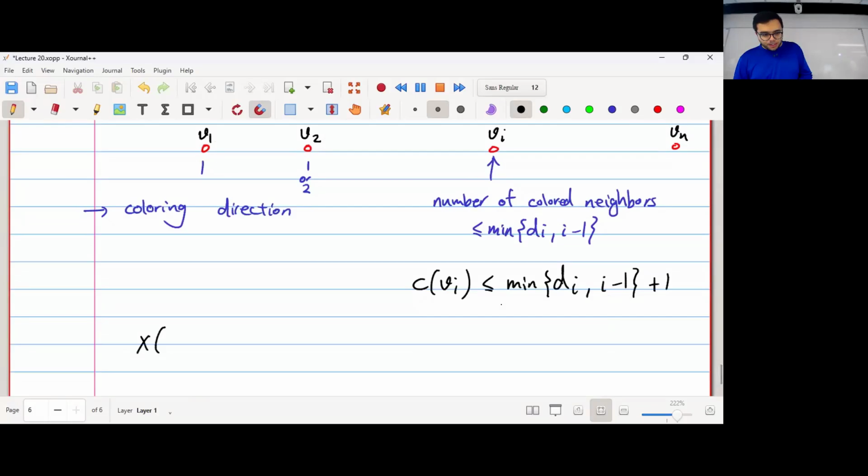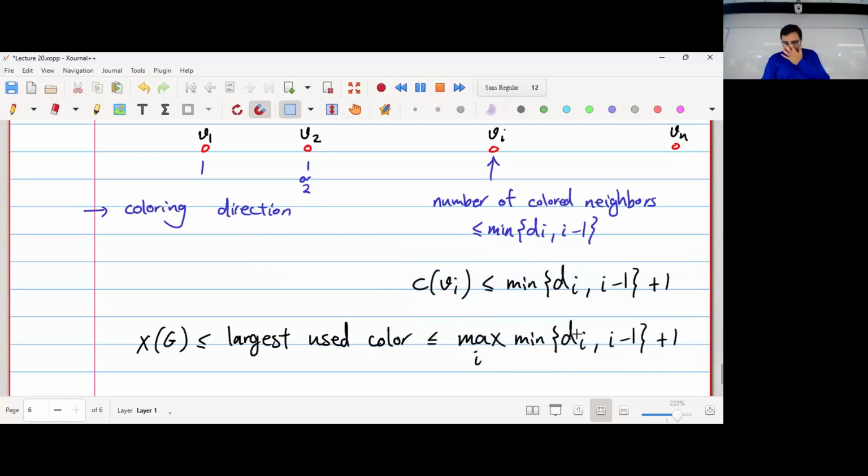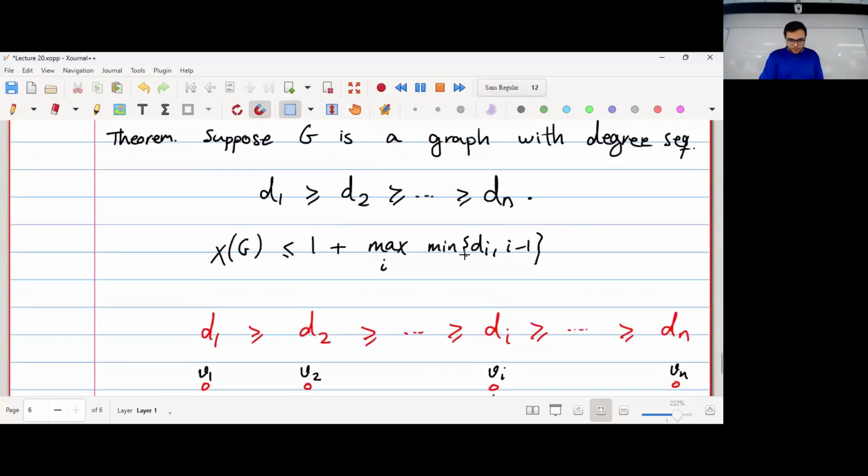I know that my chromatic number is less than or equal to the largest used color. But this is just the maximum over every i of this value, because for every vertex I said that this is the color that I'm assigning at most. So if I just take the maximum over every i, that's the maximum color that I'm assigning overall. So that's where this comes from.